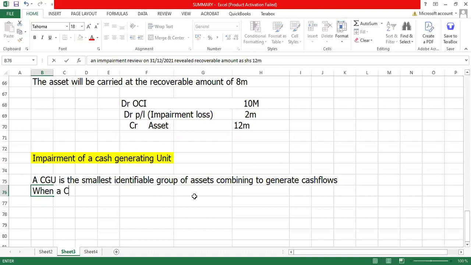When a cash generating unit is impaired, the carrying value of the CGU is compared to the recoverable amount as a whole.